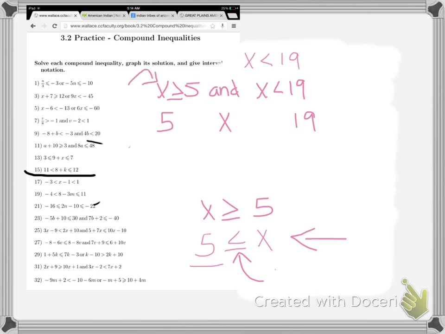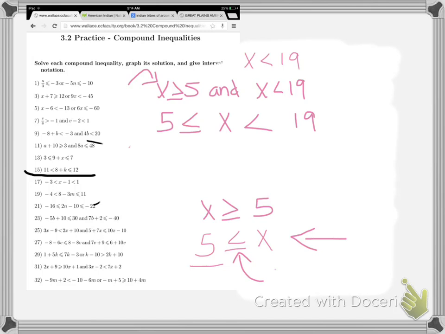You might be saying to yourself, why did I go and swap it? Now I got to swap it again. Depends on which form you decide you're going to write your answer. If you write it with the lesser on the left and the greater on the right, these should both always open to the right, unless it's a no solution. But I'm not going to go there. So right now, that is the other way of writing it.